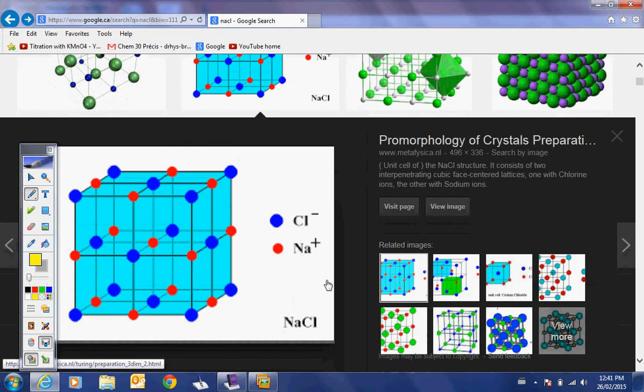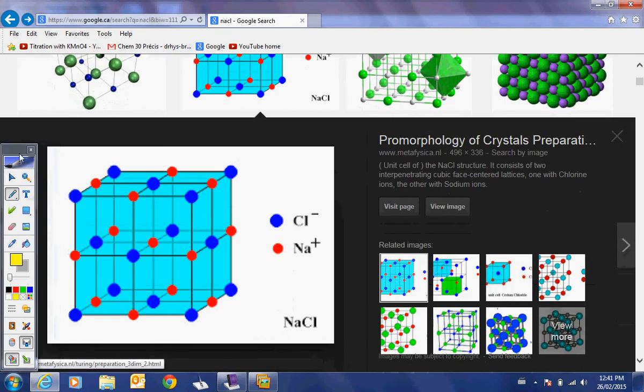So let me show you another image which sort of breaks that up just slightly. Pick this one. And again, I'll try to avoid touching the board. If you look here, this blue Cl minus is, pick the one that the cursor is on, that red Na plus. Can you see a blue molecule in front of it, behind it, below it, above it, to its left, and to its right?